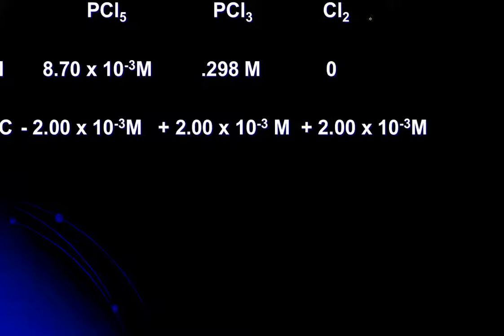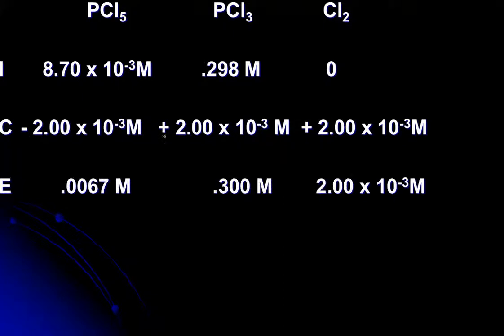What formed those was the PCl5, so this had to be consumed in order for these to be made. So these are all in a 1-to-1 ratio. For every one of these that's consumed, one of these is made and one of these is made. So the PCl5 went down by that same amount that the other two went up because of that 1-to-1-to-1 ratio. The change that occurs, which is my C row, is the PCl5 went down by that amount, and the PCl3 and the Cl2 both went up by that amount.